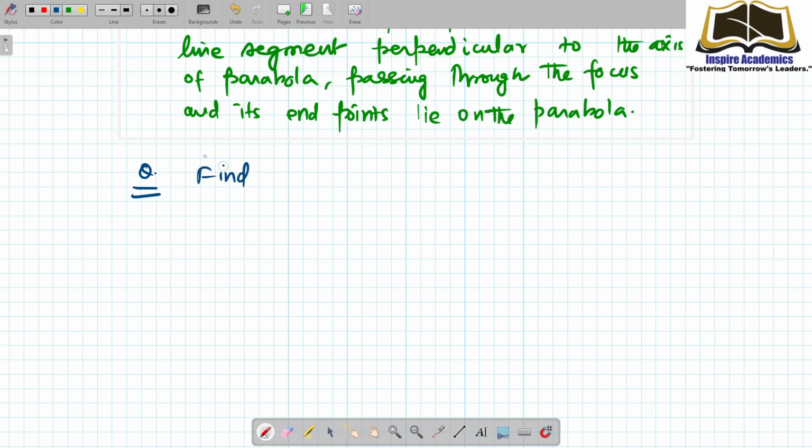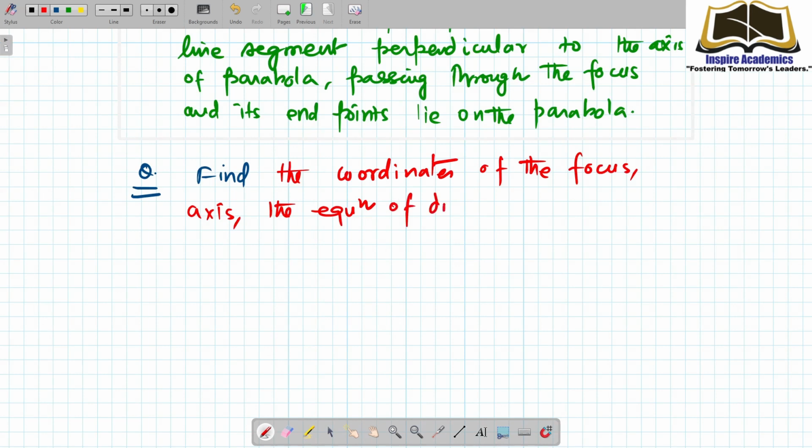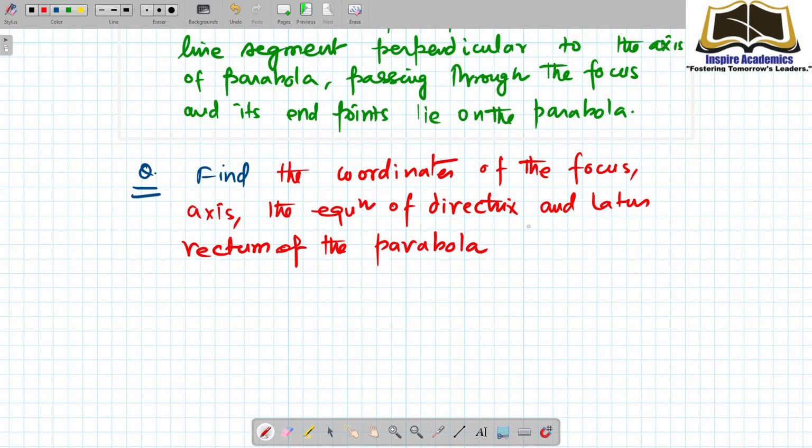Find the coordinates of the focus, axis, the equation of directrix and latus rectum of the parabola y square equal to 8x.